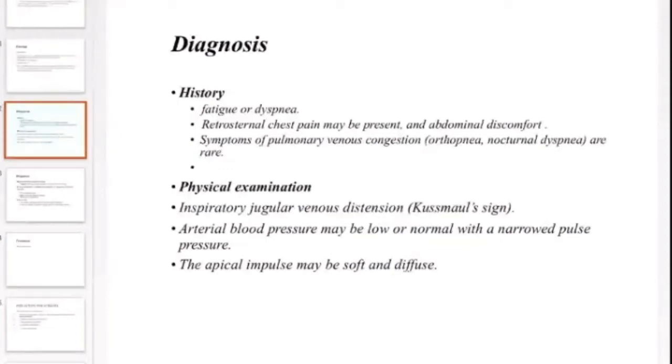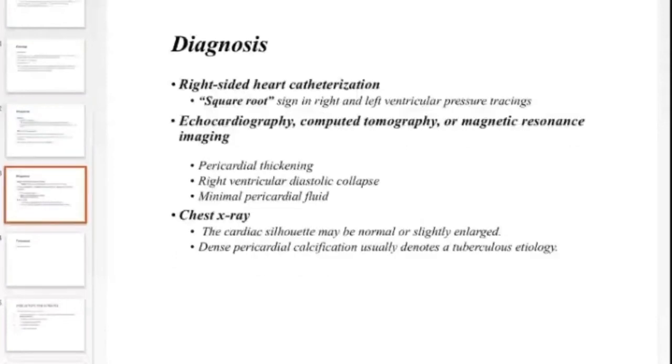Because of pulmonary venous congestion, there may be orthopnea and nocturnal dyspnea, though this is rare. On physical examination, there is inspiratory jugular venous distension, which is what we call the Kussmaul sign. Arterial pressure may be low or normal, but there is a narrow pulse pressure. The apex impulse may be soft and diffuse.